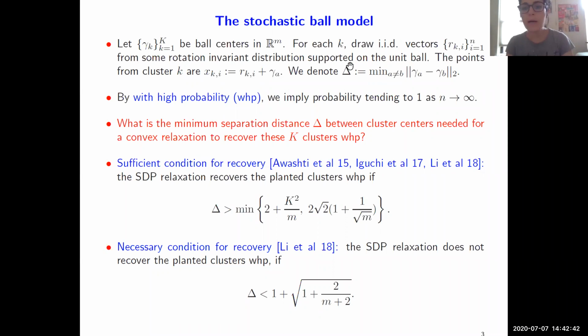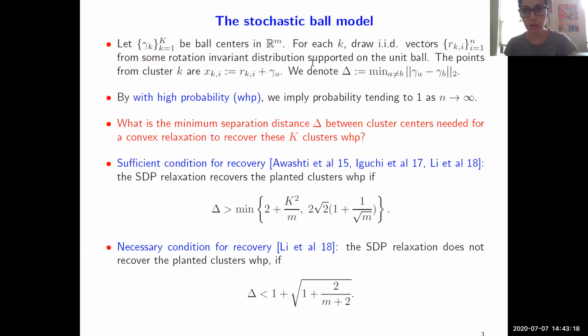Then you denote by delta the minimum distance between these cluster centers, and you ask, what is the minimum separation distance delta between these cluster centers needed for convex relaxation to recover these clusters with high probability? So that's the question that people ask. So assume there's an underlying clustering. Assuming you know what the optimal solution is, you want to obtain conditions under which this solution is in fact the optimal solution of your algorithm.